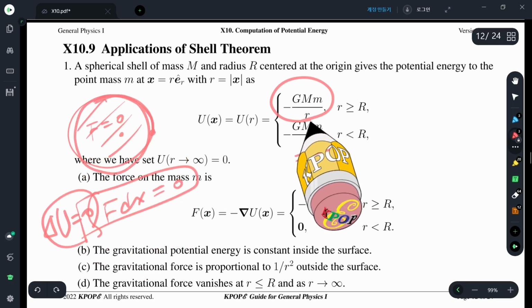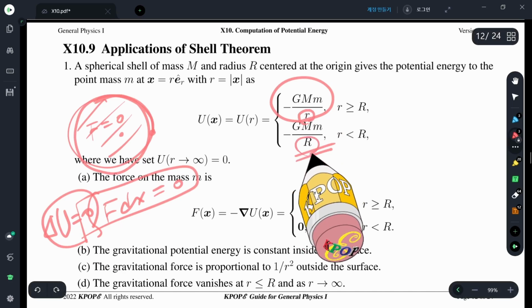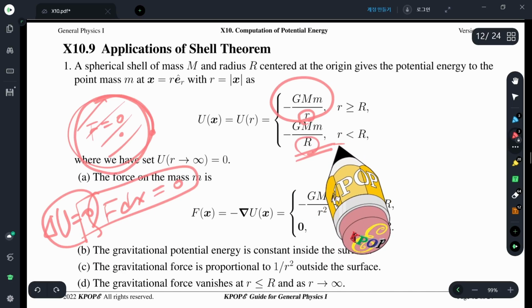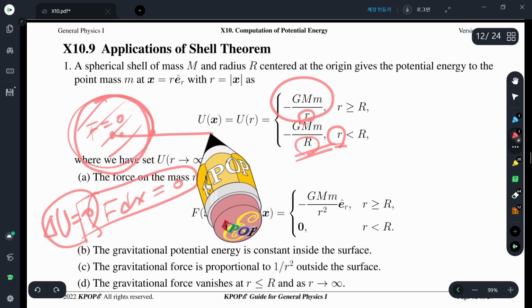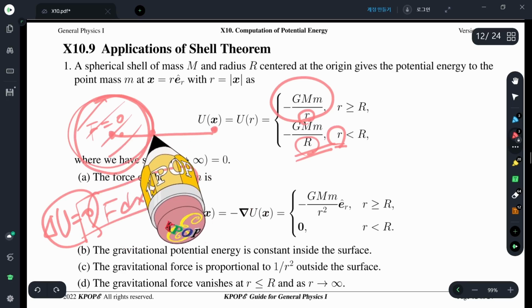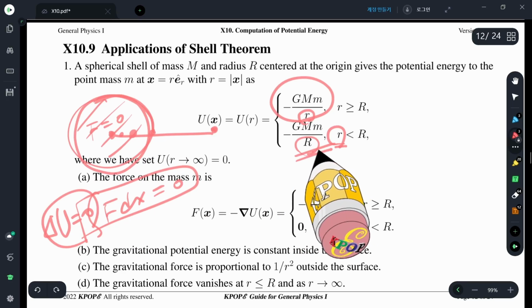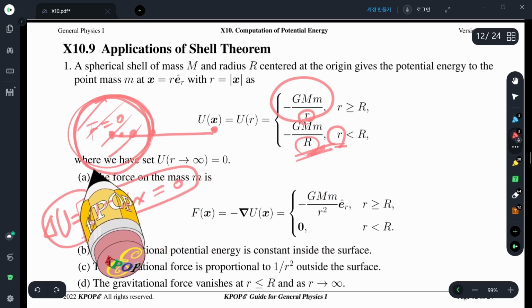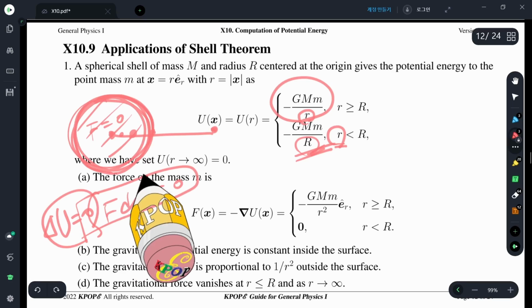That's the reason why small r is replaced with capital R for any value of small r, the distance between the two centers. If it is inside, it is frozen to be the value on the spherical shell.